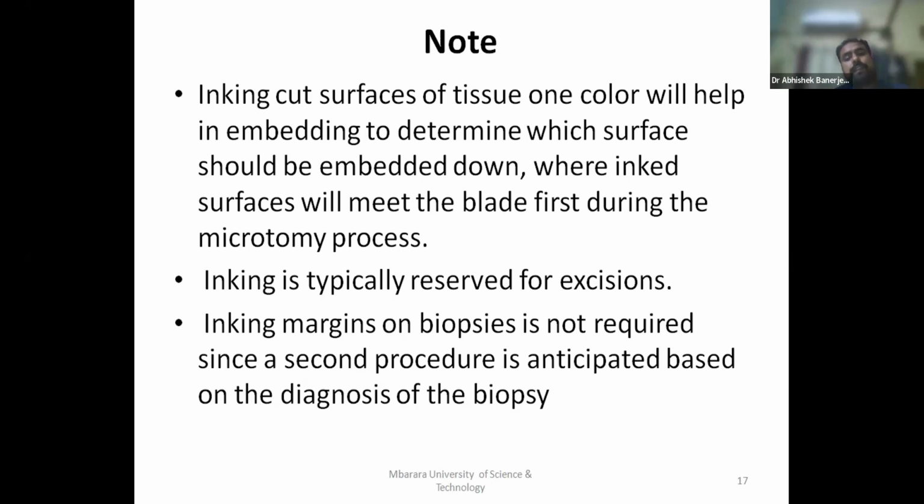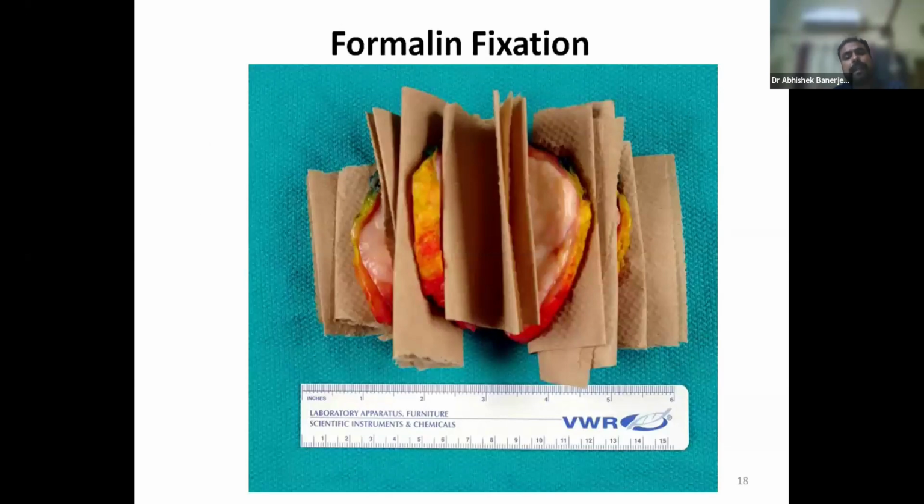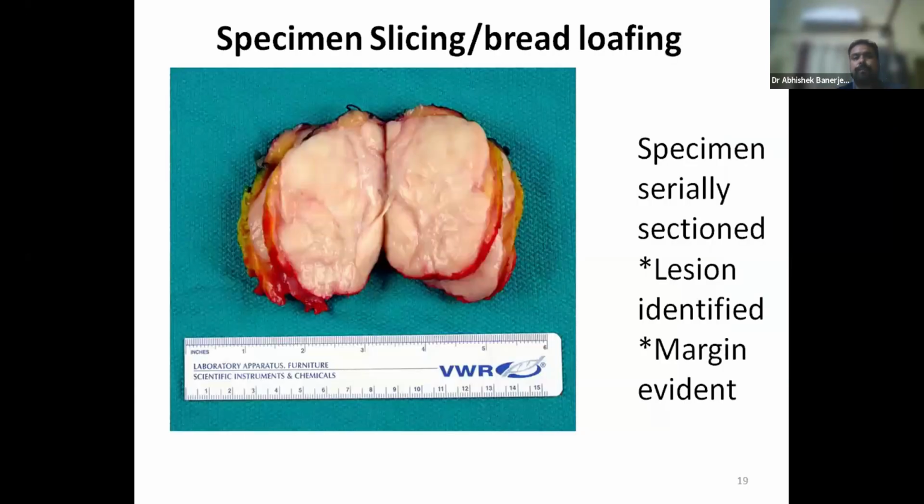The inked surface will meet the blade first during the microtomy process, and it is typically reserved for excision specimens, not usually recorded for second procedures, and separated based on the diagnosis of the biopsy. This is how we can damp using very thin blotting papers during formalin fixation.